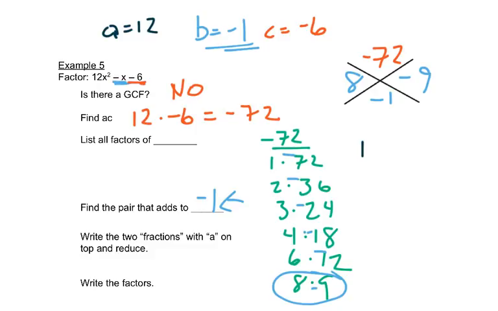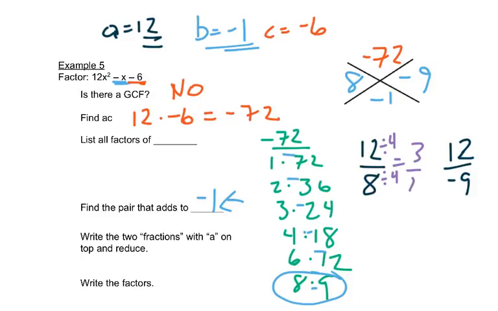So I write a on top, it's this 12, over 8, and then 12 over a negative 9. Now I can reduce. I can reduce this by 4, so instead of 12, I would have 3 on top and 2 on the bottom. And this one I can reduce by 3, which would give me 4 on the top and negative 3 on the bottom.